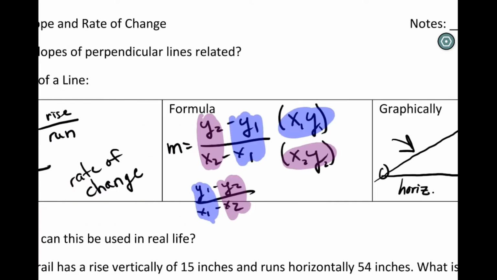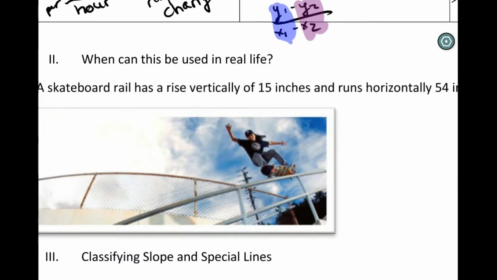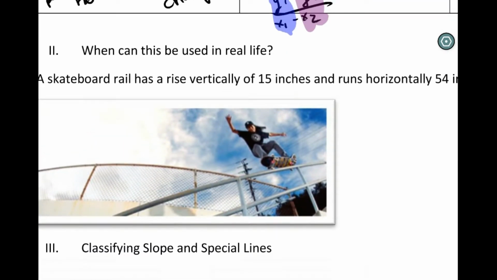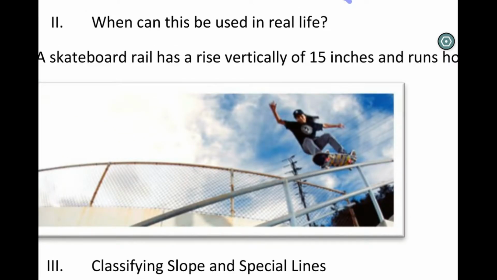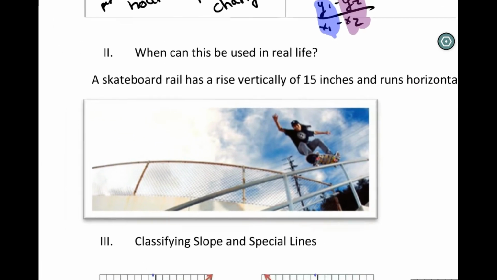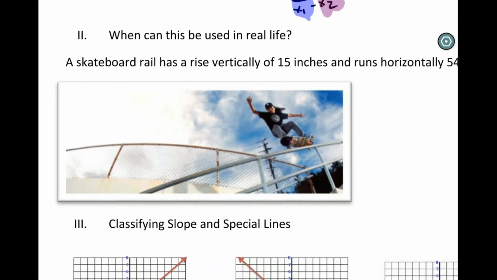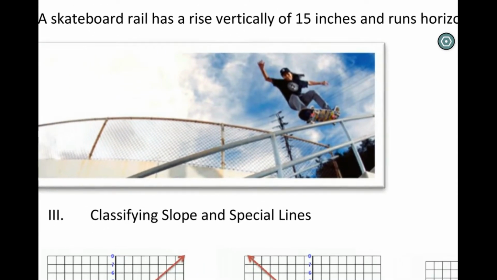So when can you use slope in real life? A skateboarder has a rise vertically of 15 inches and runs horizontally 54 inches. For every 15 he goes up, he goes over 54. So this is 15, this is 54.